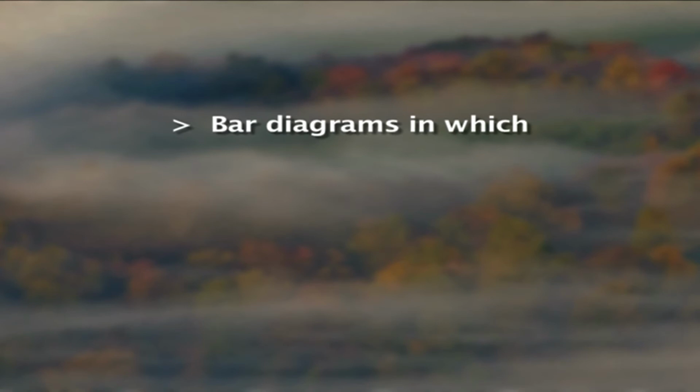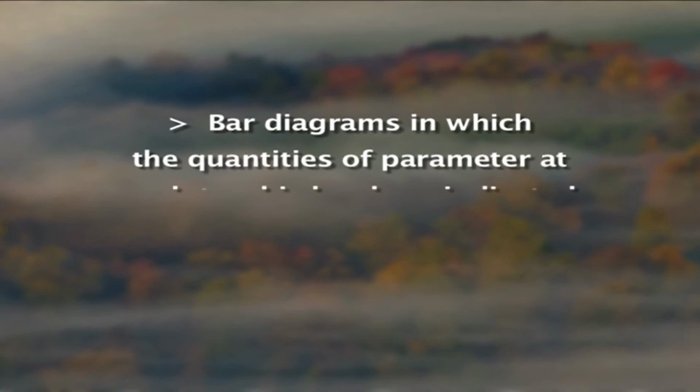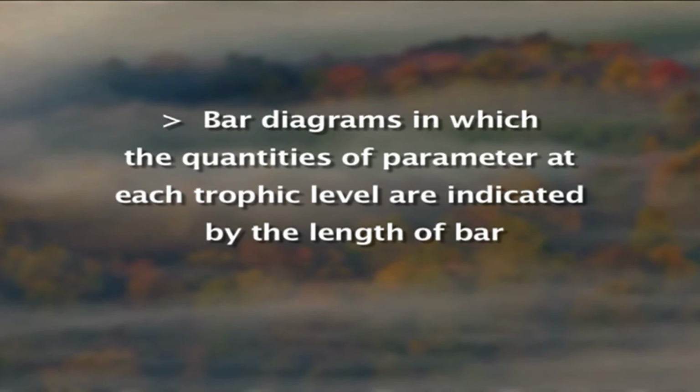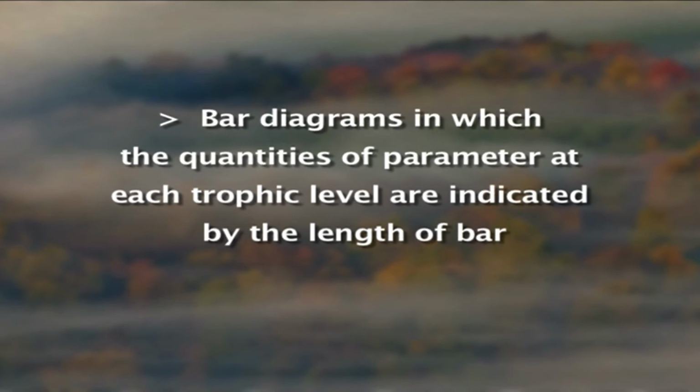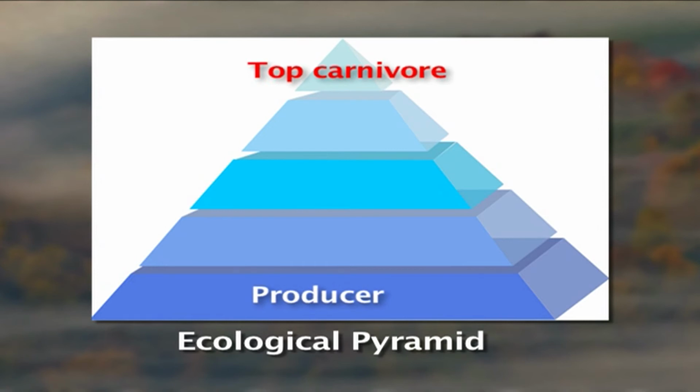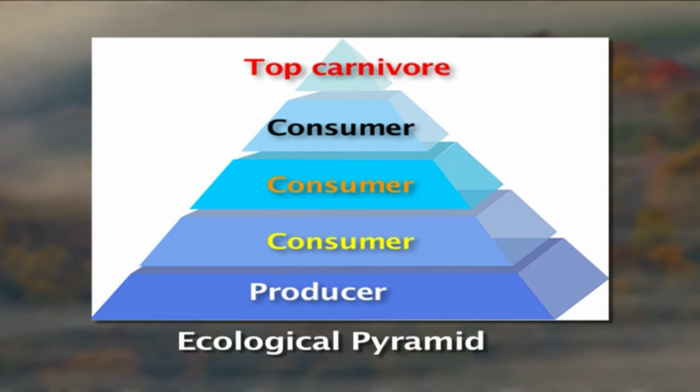These are actually bar diagrams in which the quantities of parameter at each trophic level are indicated by the length of bar, where the producer level constitutes the base of the pyramid, top carnivore at the top and other consumers forming intermediate tiers.